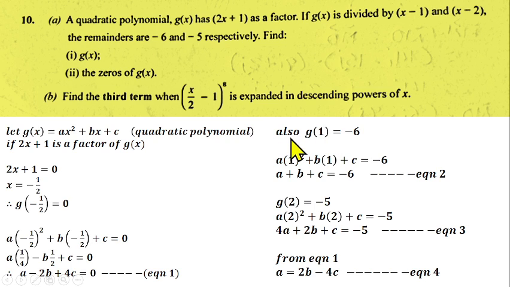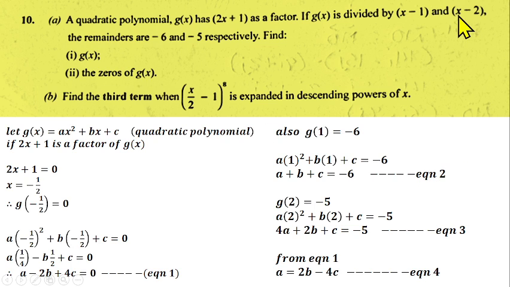So g of 1 gives a into 1 squared plus b into 1 plus c equals to minus 6. If I simplify that further, I have a plus b plus c equals to minus 6. You can call that one equation 2.